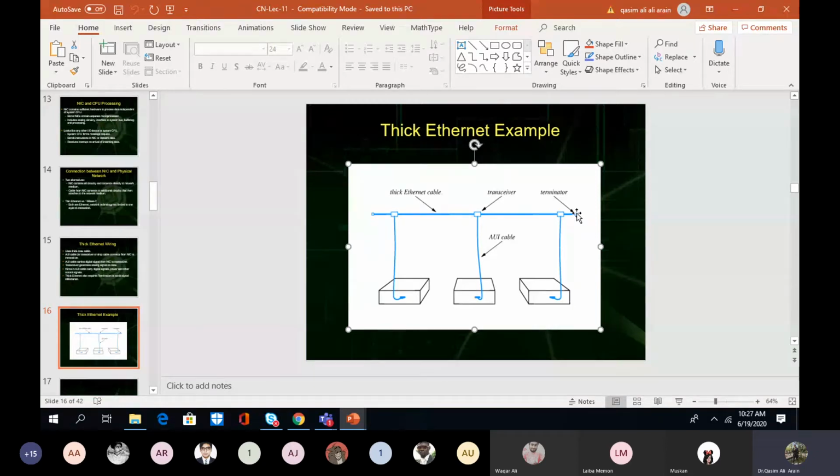Second thing, what is the responsibility or usage of transceivers? Now what are transceivers? The data that is coming out of your computer is in the form of zeros and ones. You may call it digital data, right? But in your thick Ethernet cable, or you may call it a coaxial cable, data always travels through that cable in the form of analog signals.